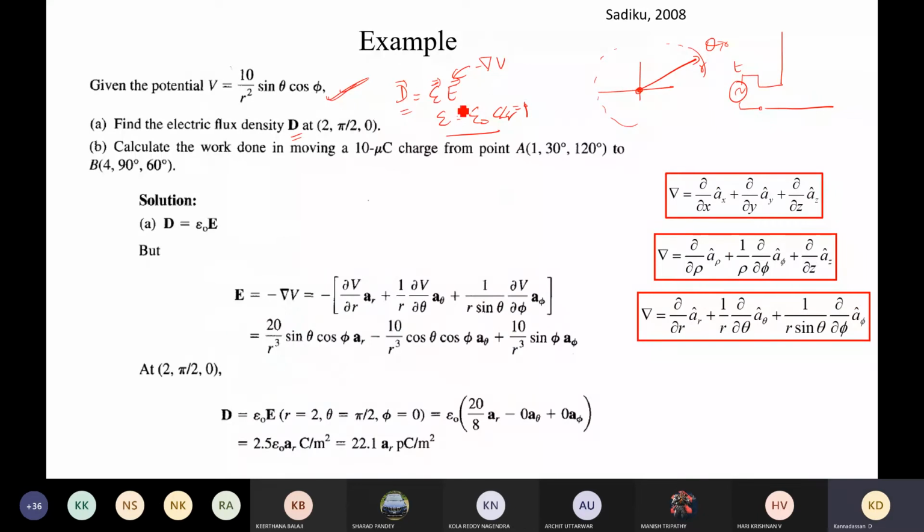That is what we are going to do. First, we have to calculate this electric flux density, which is nothing but epsilon naught E. We know that the electric field is minus del V. So the minus symbol is here, and the del operator is used. You have to remember this del operator.